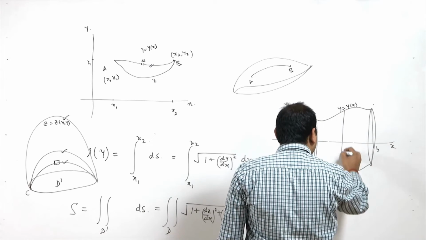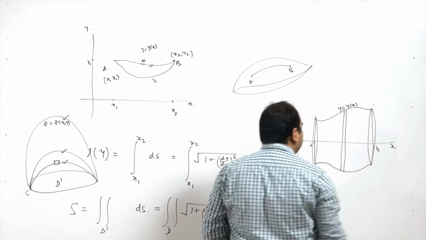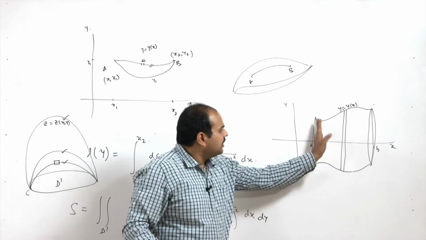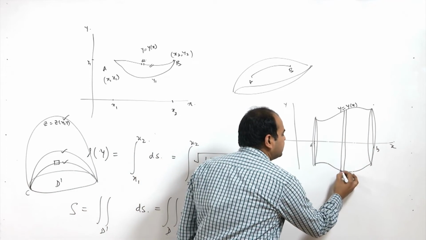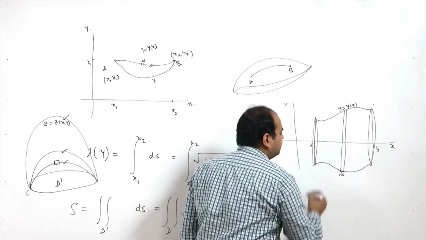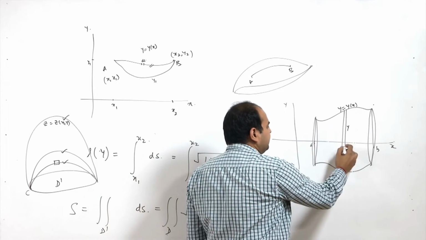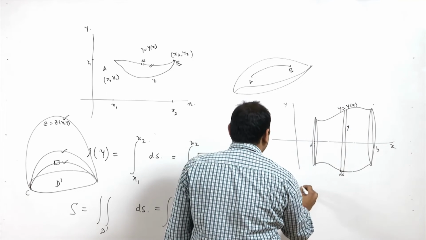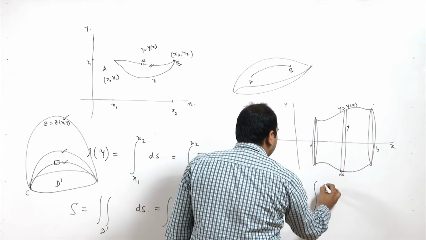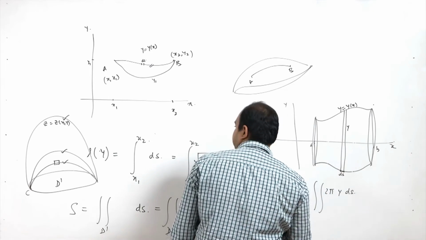This entire shape can be divided into small patches, and we can call this surface patch ds, and we can say that y is the radius of this circular patch, so the surface area is given by 2 pi y ds, right.